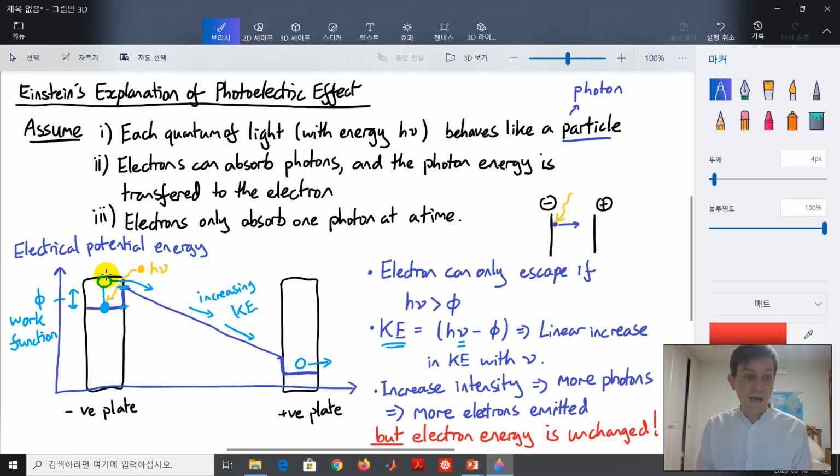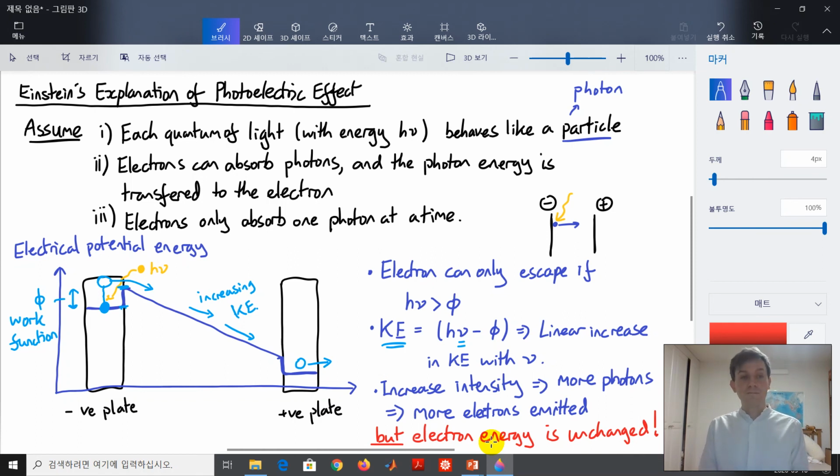If the frequency is higher than that, then the remaining energy it gains goes into kinetic energy, and this gives you a linear relationship between the kinetic energy of the emitted electrons and the frequency of the light. And finally, if you increase the intensity of the light, then this gives you more photons absorbed and more electrons emitted, and therefore greater current, but you don't change the energy of a single electron, because each electron only absorbs one photon of light.